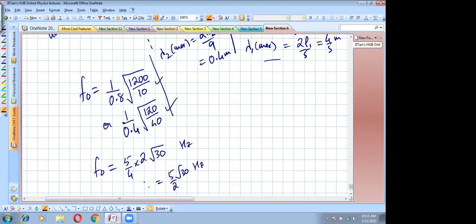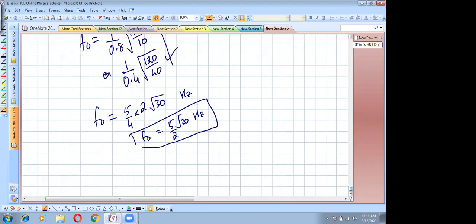Or if I had selected a better value of tension, like maybe 1000 newtons or something, you would have got a clean value. But this is the fundamental frequency, and it corresponds to n equal to 5 and m equal to 9. So that corresponds to lambda 1 equal to 0.8 meters and lambda 2 equal to 0.4 meters.